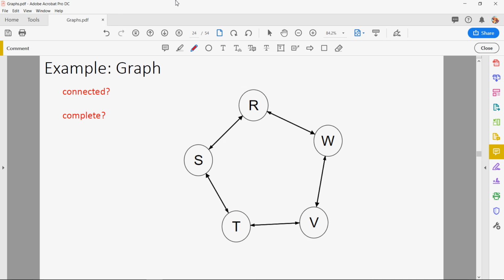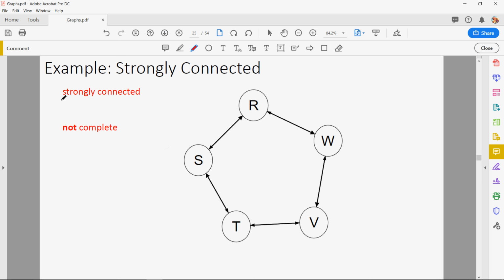What about this one? These are all edges that go in both directions. It is a directed graph because we were using those arrows, but all of our edges just happen to represent two edges in both directions. So is this connected and is it complete? Yes, this is connected and it's strongly connected, but it is still not complete.